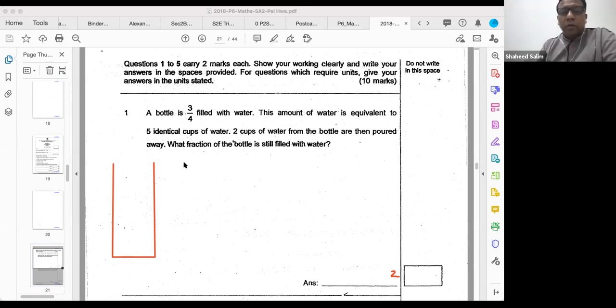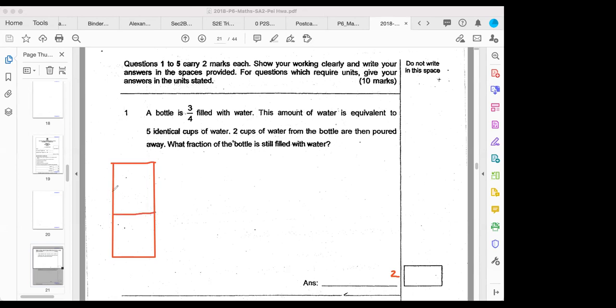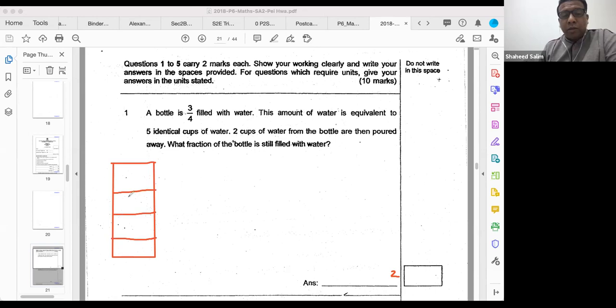So I'm going to draw it 3/4 full. I divide the bottle into 4 parts. We are imagining this is a bottle, and this is now 3/4.